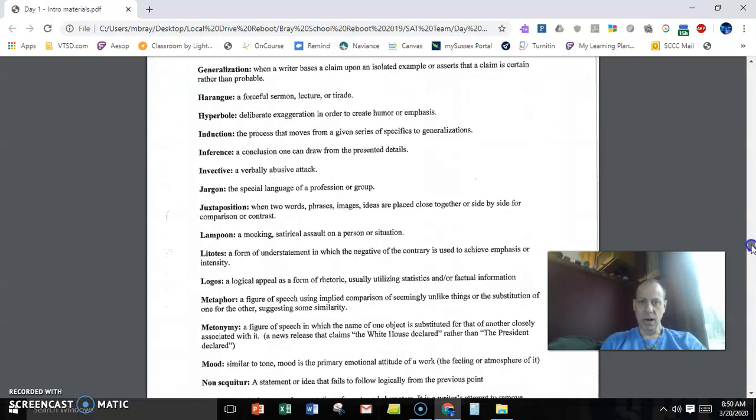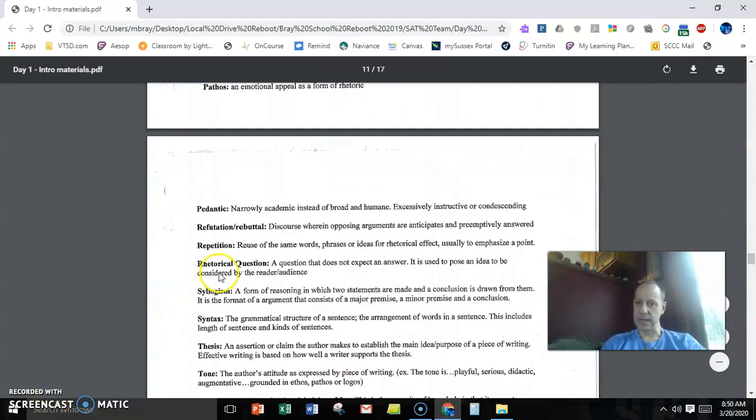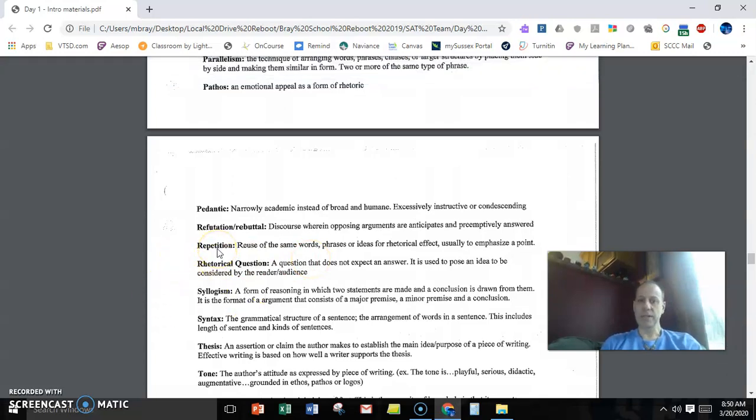Probably the most easily identifiable rhetorical device is a rhetorical question. It's a question that's asked, but an answer's not expected. Or repetition, where things are repeated, same words, phrases, or ideas for emphasis. You see this a lot too. Refutation or rebuttal, which is when you anticipate the arguments against it and you address it ahead of time.